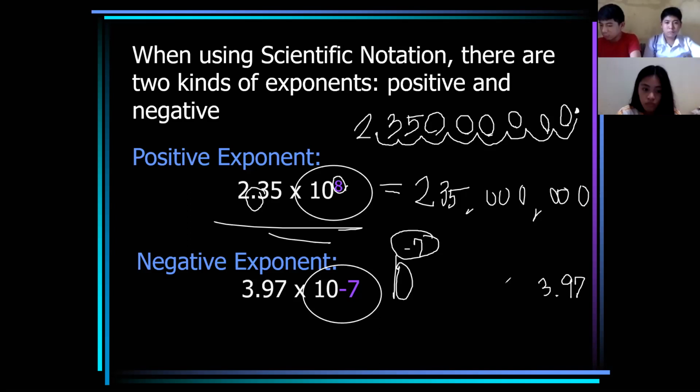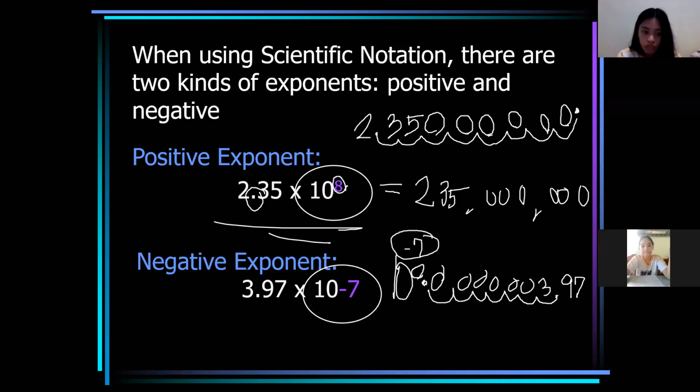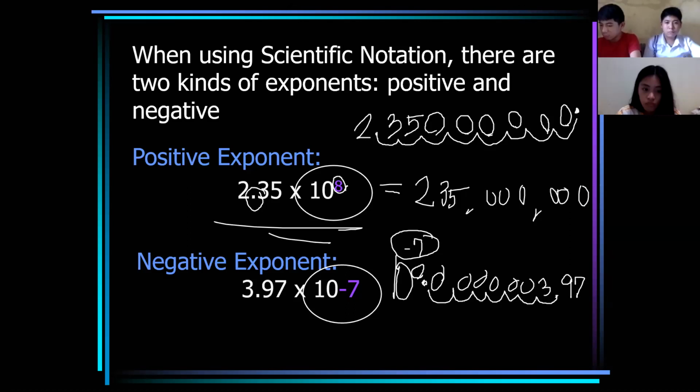Since the exponent is negative, you move the decimal point to the left 7 times. 1, 2, 3, 4, 5, 6, 7. And there you have the decimal point here. So we have here the answer. And since this is a decimal, it is a must that you write 0 preceding the decimal point. This will be discussed in the next slide. So we will proceed with the next slide, class.